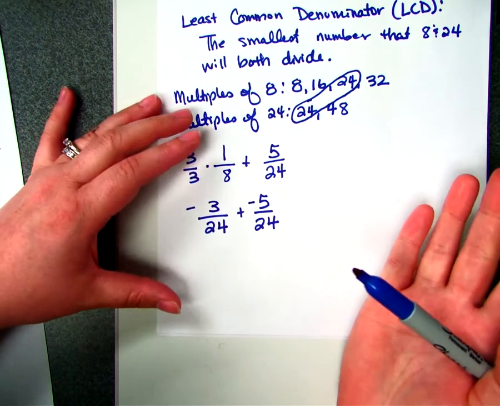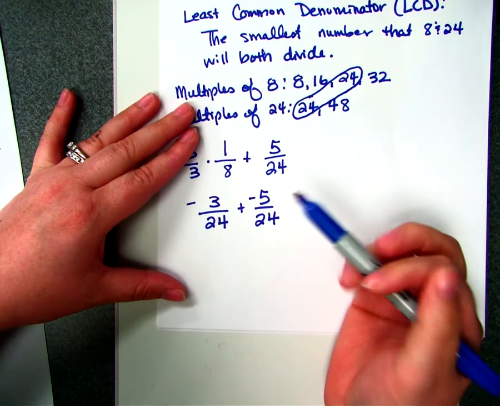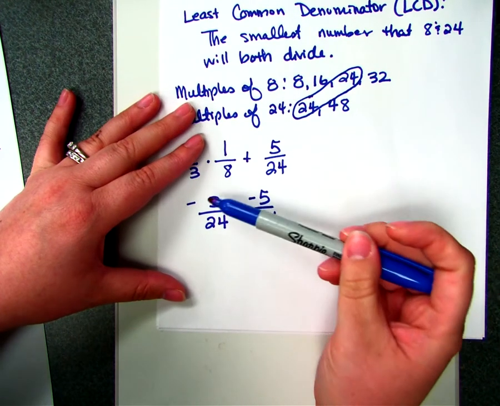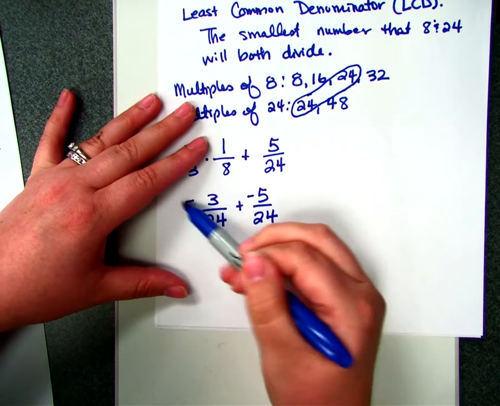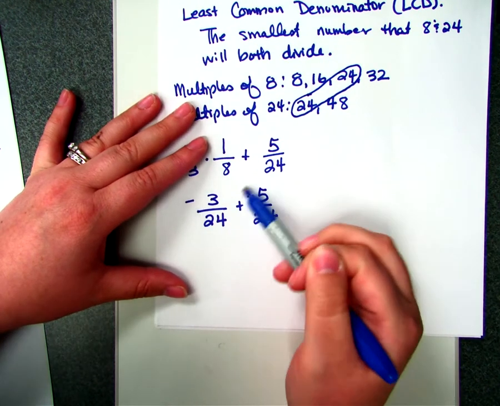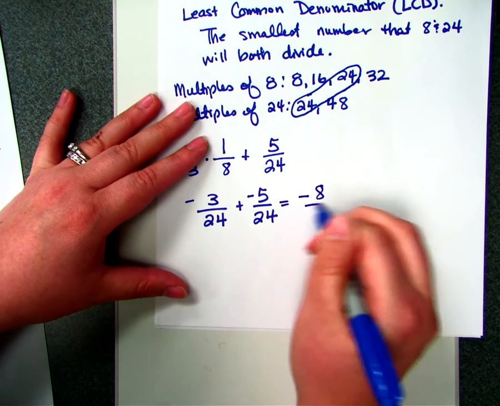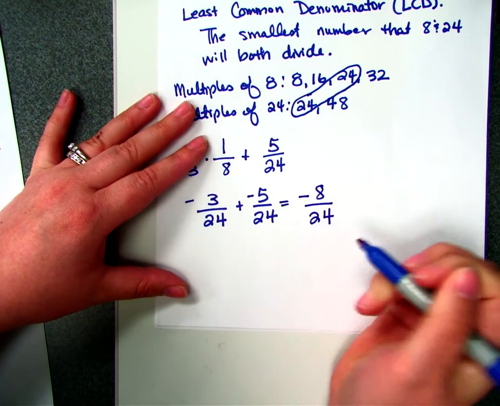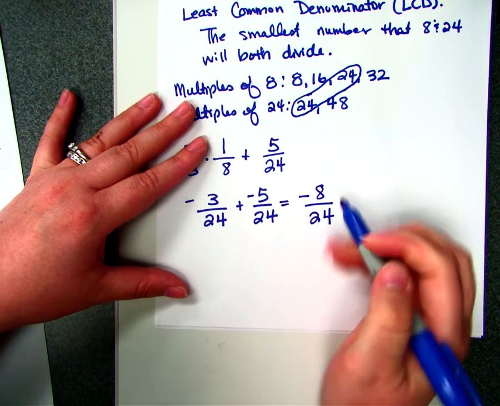When we have two negative numbers and we're adding them, all we have to do is add their absolute values. So -3 plus -5, so you owe someone $3 plus now you owe them $5, means that you are in debt $8. So the numerators get added, the denominator stays the same.